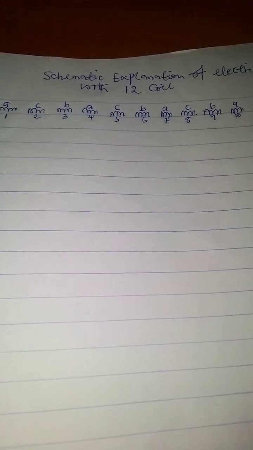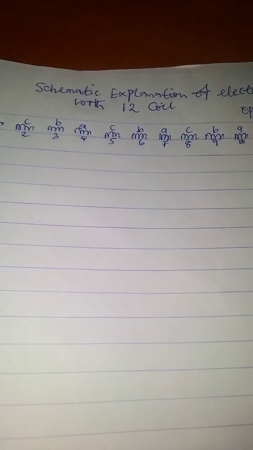Depending on the calculations of the inventor, he decides how many coils it will be. There are motors with 6 coils, with 4 coils, depending on the design. I chose 12 coils so that the explanation will be clearer.